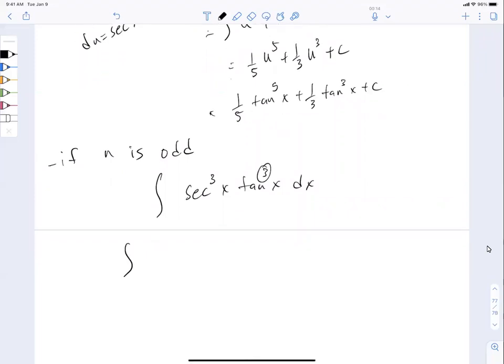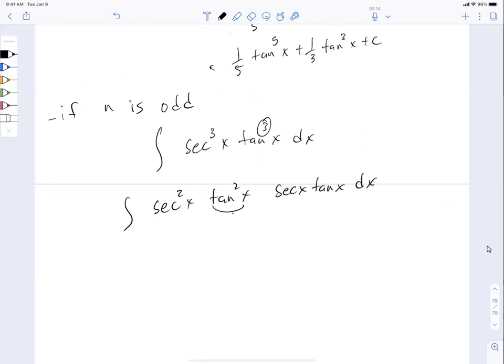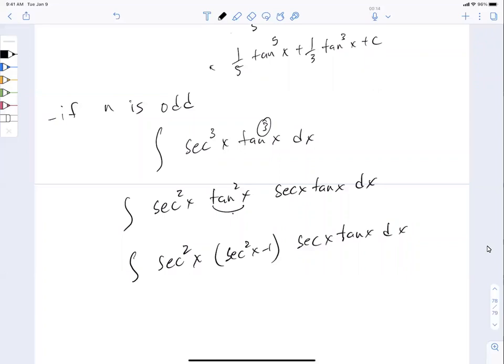I'm going to peel off 1 secant and 1 tangent. And then I'm going to convert the rest of the tangent to secant. And why is that? Because I'm going to use secant to be my u, and du is secant x tangent x dx.